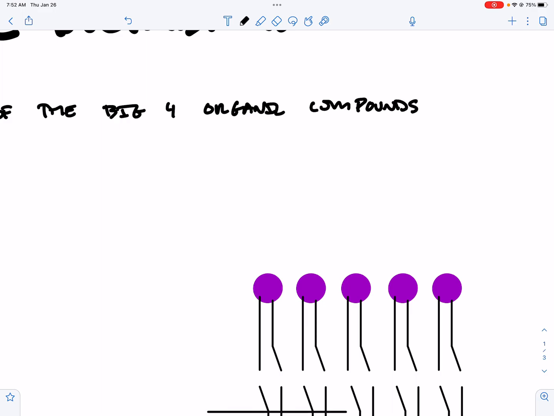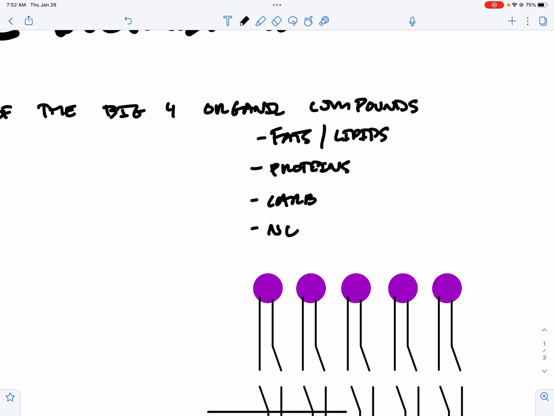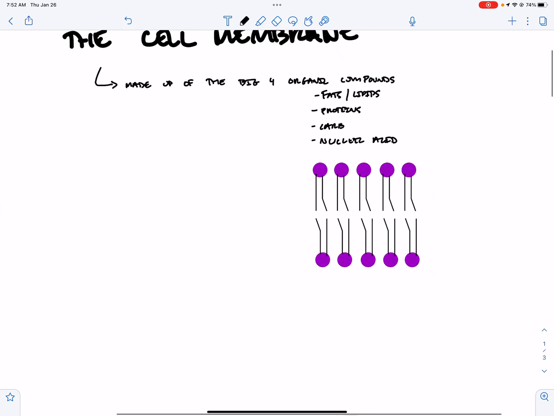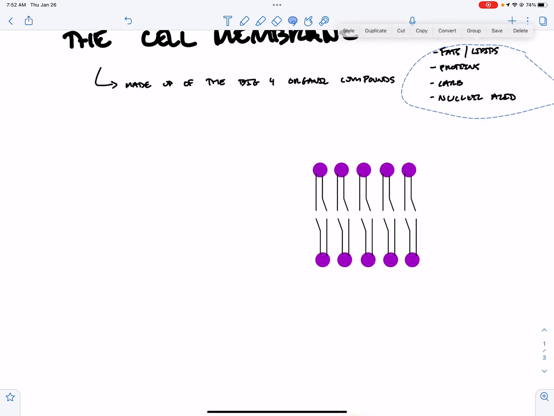And remember, the Big Four are fats and lipids, proteins, carbs, and nucleic acids. The Big Four organic compounds.